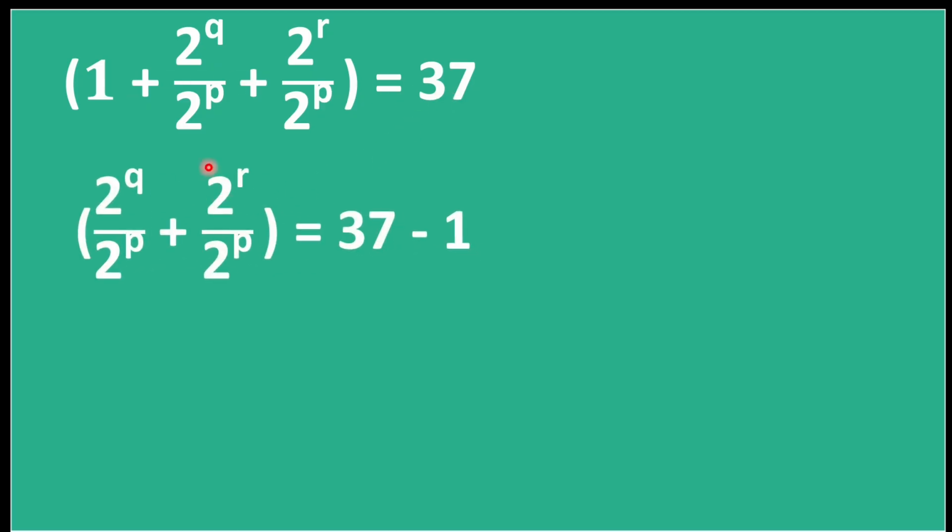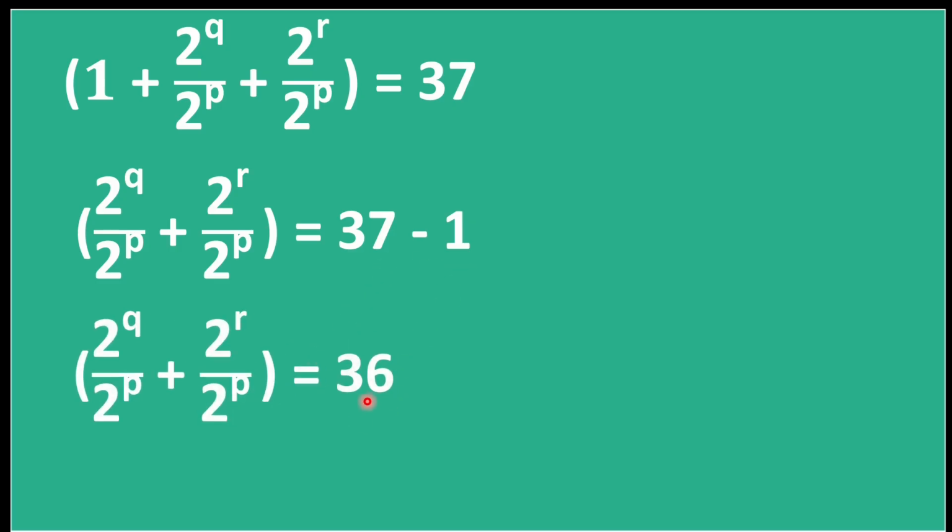Then the equation will become 2^q/2^p + 2^r/2^p equal to 37 minus 1. When we subtract 1, this 1 will cancel, and this equation will equal 36. Then we will put p = 2, as we have found the value of p.